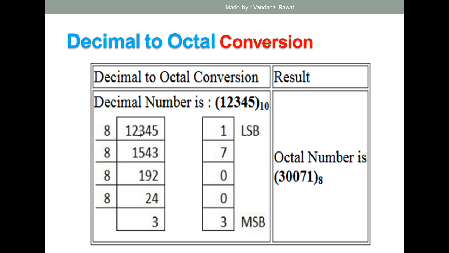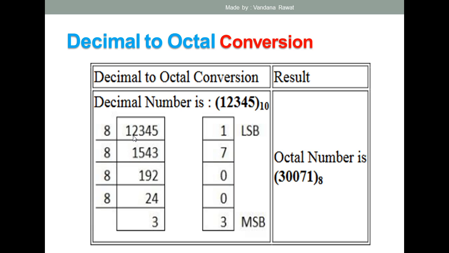So let us take this example. For example, you have one number, that is 12345. If you are converting this number into octal, then you have to take the base of octal. So you take 8 and divide this decimal number by 8. So 8 ones are 8.